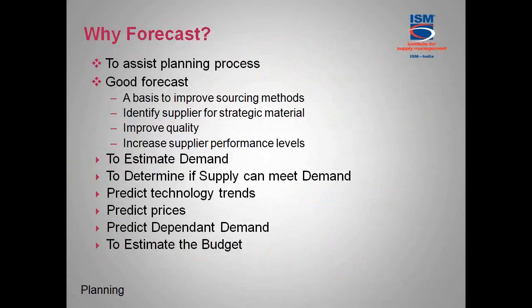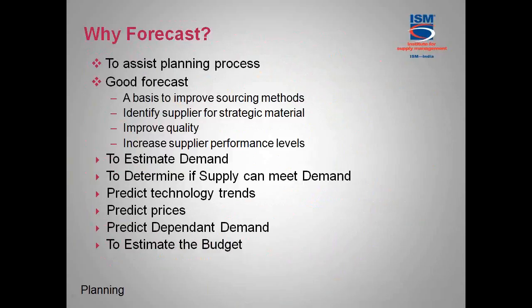Identify suppliers, strategic material, then improve the quality. When we are doing forecasting, we are making sure which material is required and what type of quality is required. We are informing our suppliers well in time, and because of that we are improving the quality of the product. Then increase supplier performance levels.